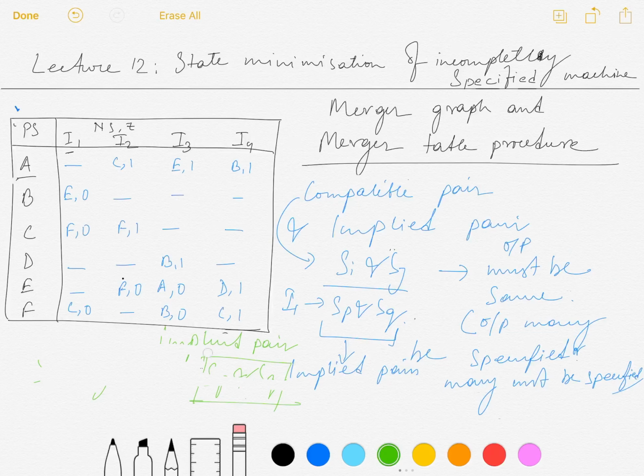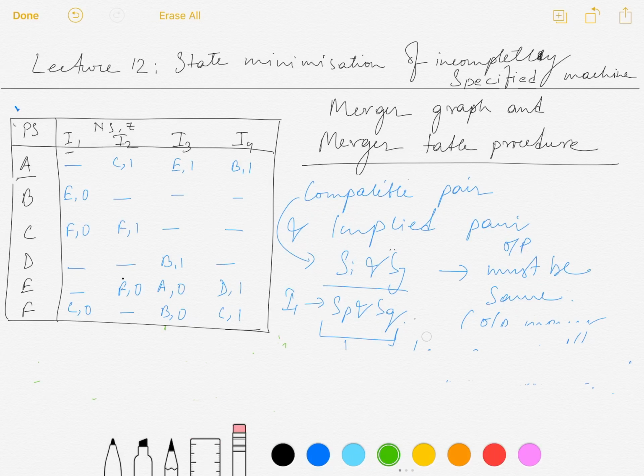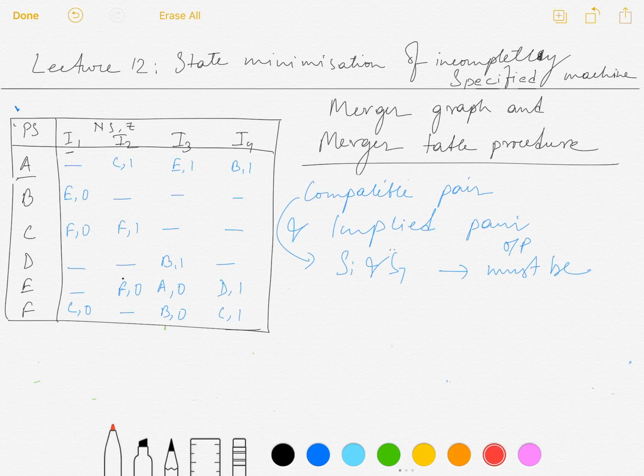Now, let us give an example from this table itself. Suppose consider the pair BC. For inputs I1, I2, I3, I4, for I1 the outputs are the same, 0 0.